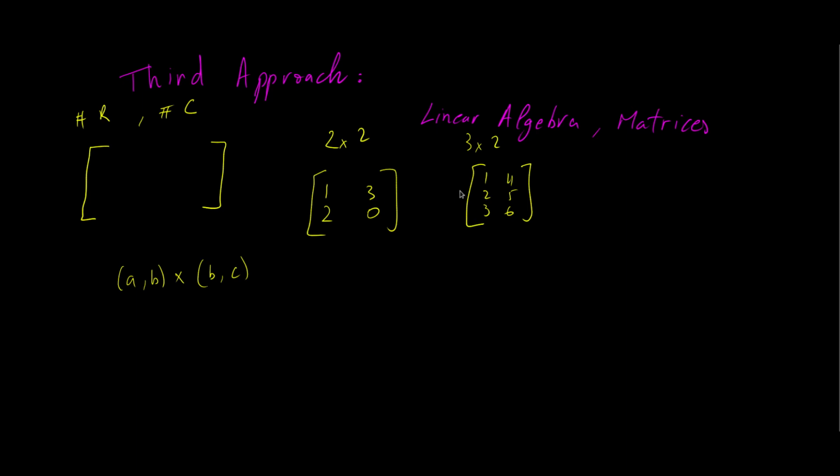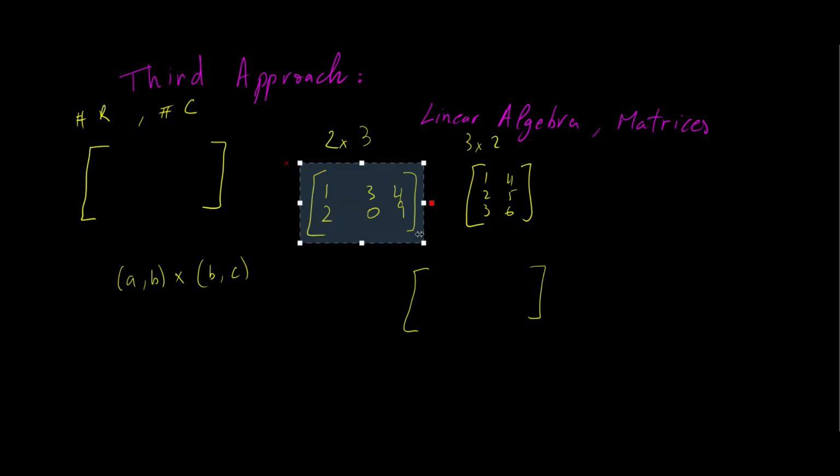For example, we cannot multiply these two matrices because the number of columns here is 2, whereas the number of rows here is 3. But if we added another column here and this became something like this, then in this case we can multiply these two matrices. And if we do so, we will get the following.